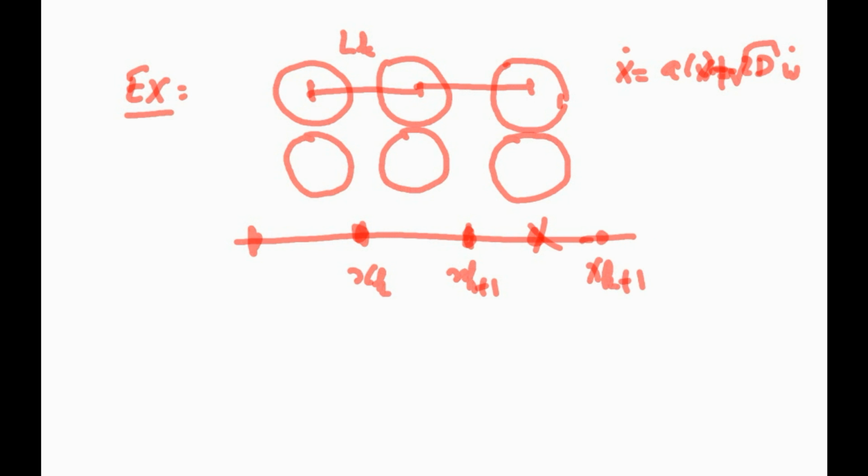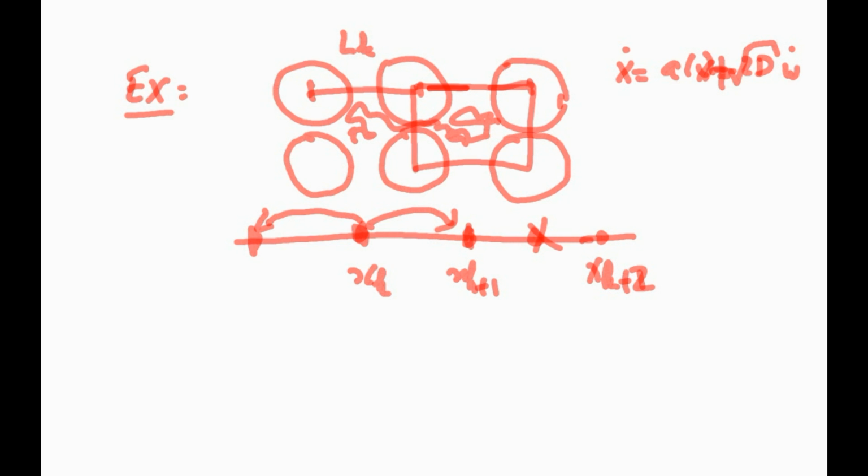I would like to reduce these processes where you have particles moving in between the obstacles into a process where the particle can switch between what is called the centers of these domains. These are elementary domains.